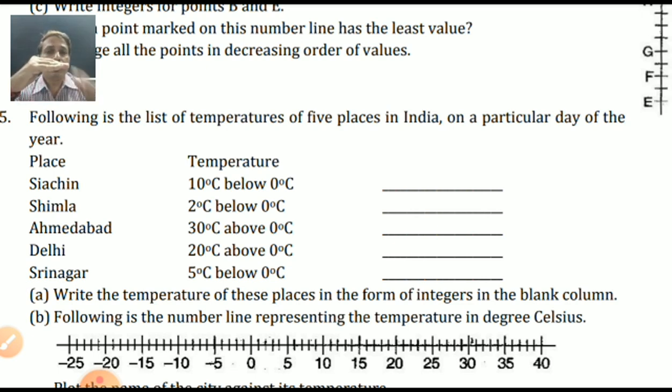0 is the middle. On the top side it is positive numbers, and then after, downside negative numbers. And red color or silver color mercury is filled in this thermometer. When temperature is increased, it will go up, and when temperature is decreased, it will move down. 0 degree means a very cold thing.